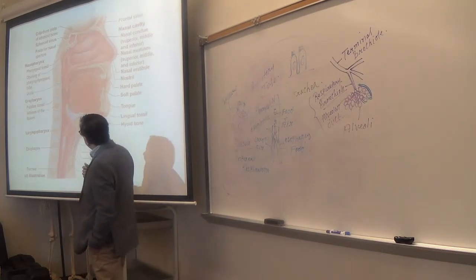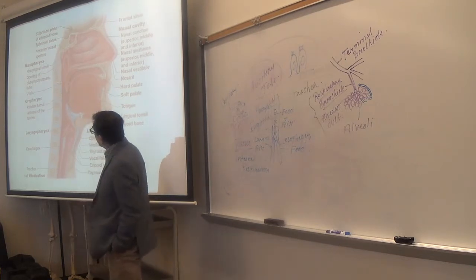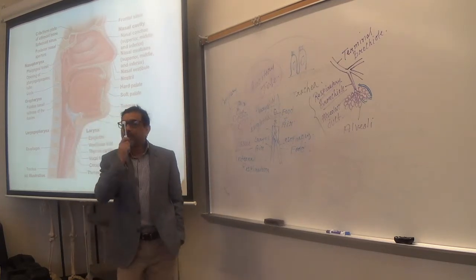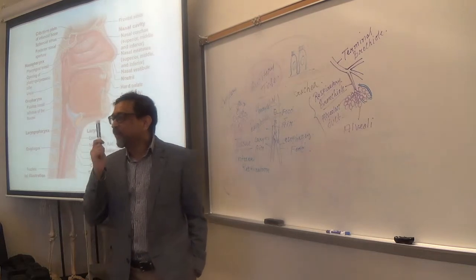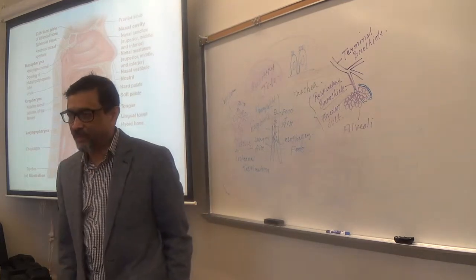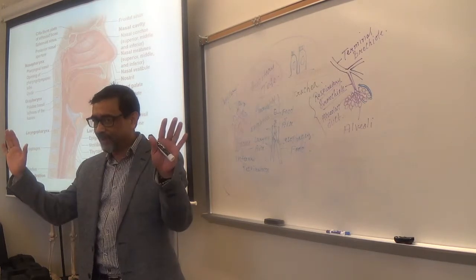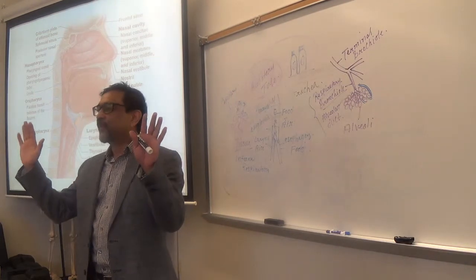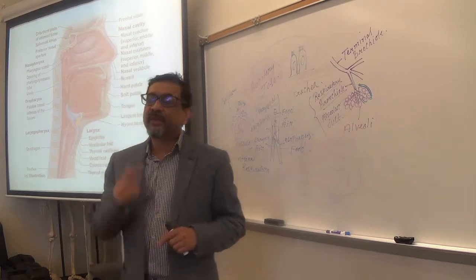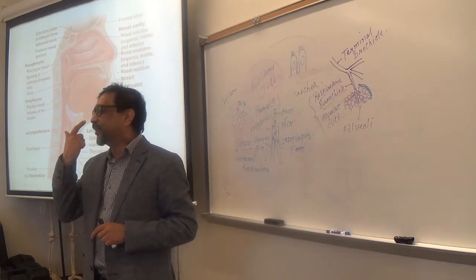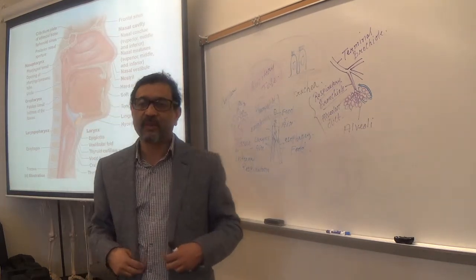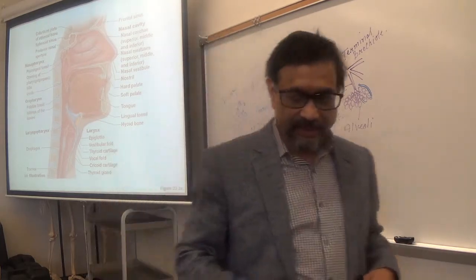Okay, so that is the nasopharynx. What kind of epithelial lining is in the nasopharynx? Nasopharynx is only for air, not for food. So the lining is the same as your nasal cavity: pseudostratified ciliated columnar.